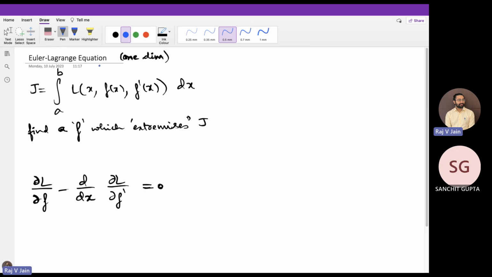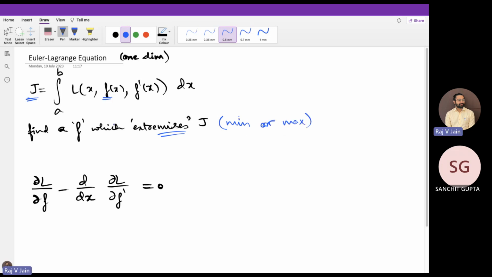Some idea about this. Let's say I have a function J, which is defined in this form: integral from a to b of some L of some functions dx. Here the idea is I want to find a function f which extremizes J, maximizes or minimizes, we don't know, some sort of point where it goes to 0.